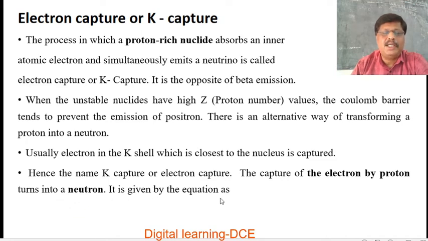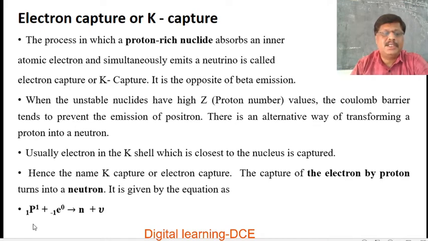It is given by the equation: there is a proton. This proton captures the electron in the K shell, which is closest to the nucleus, and becomes a neutron with the emission of a neutrino. So the process in which a proton-rich nuclide absorbs an inner atomic electron and converts into a neutron, simultaneously emitting a neutrino, is called electron capture or K capture.